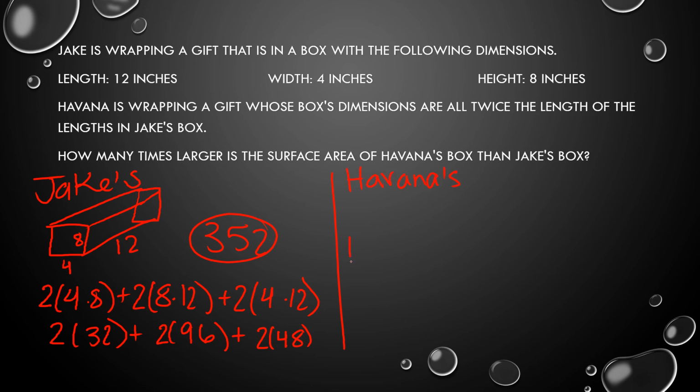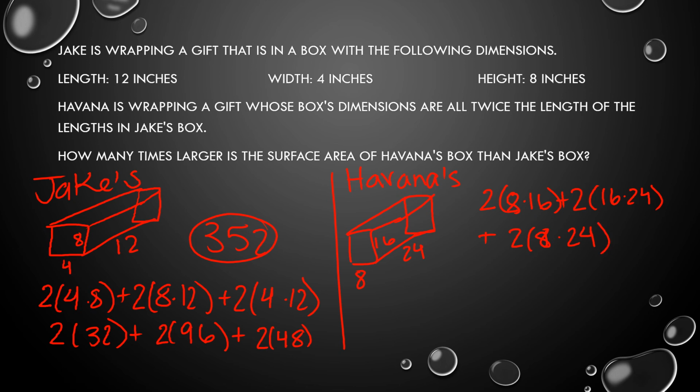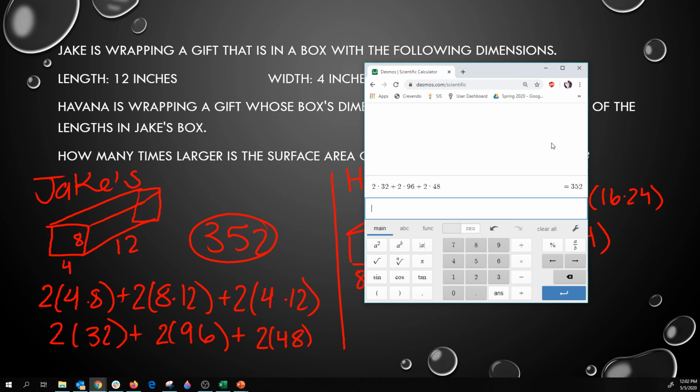So her box is going to be exactly like Jake's, however hers is going to be twice the size. So that means this would be 8, this is 16, and this is 24. So we're going to do the same process, just with the larger numbers, and then popping it into a calculator again.